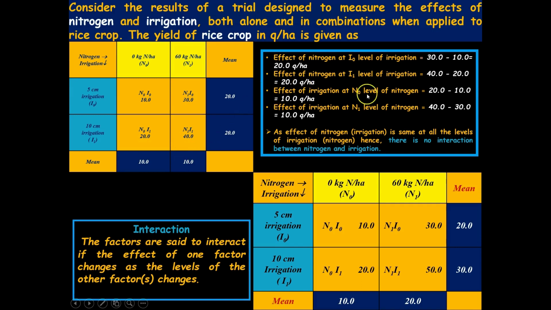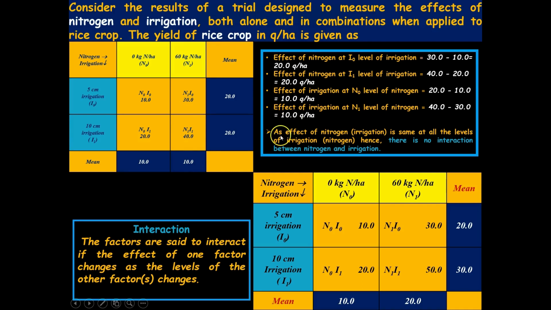Now in case of irrigation, the effect of irrigation at the first level of nitrogen is 20 minus 10, that is 10, and the effect of irrigation at the second level of nitrogen is 40 minus 30, which is equal to 10.